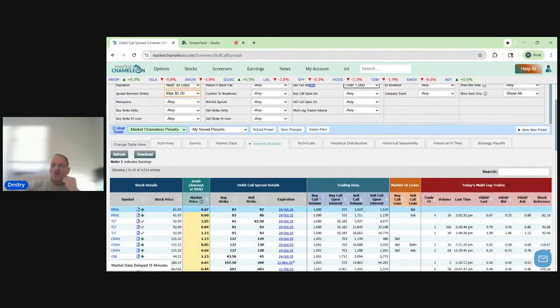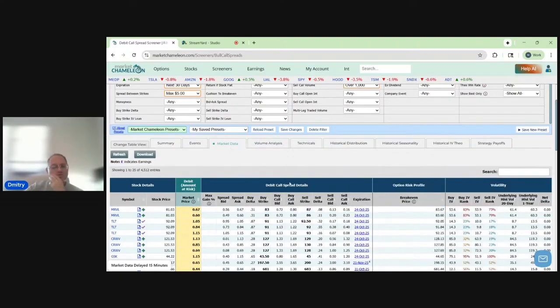So now that we have this, another thing we could do is look for a lean in the market. And the lean in the market is when you have an option. Let's go to this market data, for example. So this market data tab shows us the spread value.